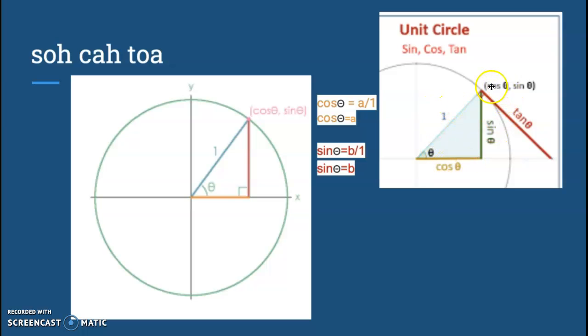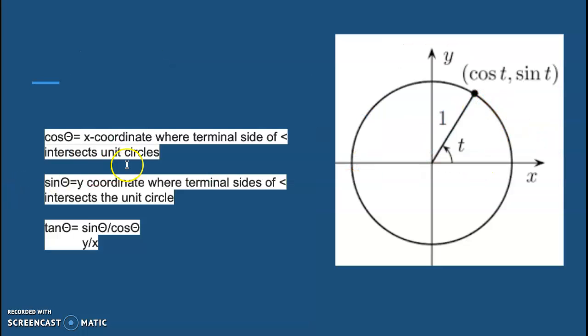Same in this picture: cosine is x, sine of theta is y, and the radius is 1. Cosine is on the x-axis, and sine is on the y-axis. The cosine of theta is the x-coordinate where the terminal side of the angle intersects the unit circle, and sine of theta is the y-coordinate where the terminal side of theta intersects the unit circle.